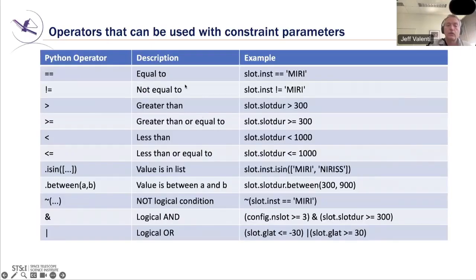The operators that could go in a constraint: must be equal to, must not be equal to, greater than or equal, less than or equal, is in some list. So like the instrument is in this list or that list. I only want primes that are or are not these instruments.